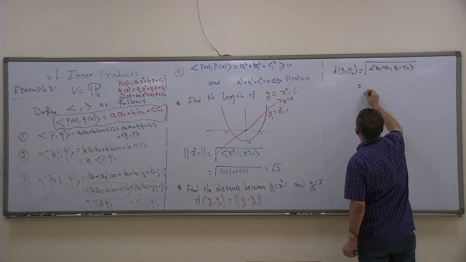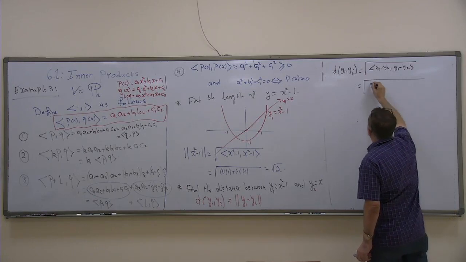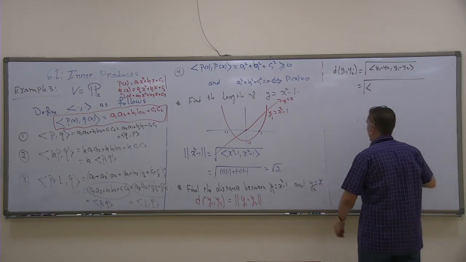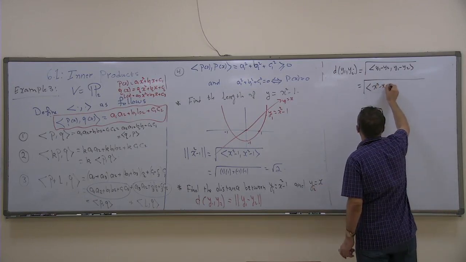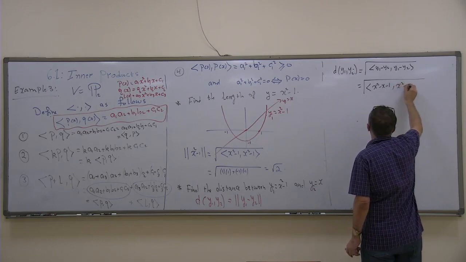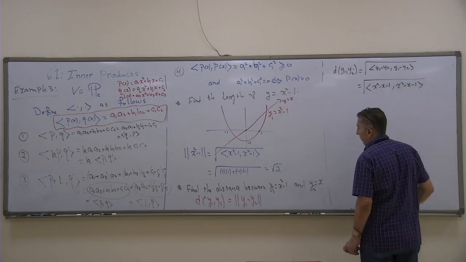Now what is that? Square root of y1 minus y2. So this is x squared minus x minus 1, and here x squared minus x minus 1. Am I correct?